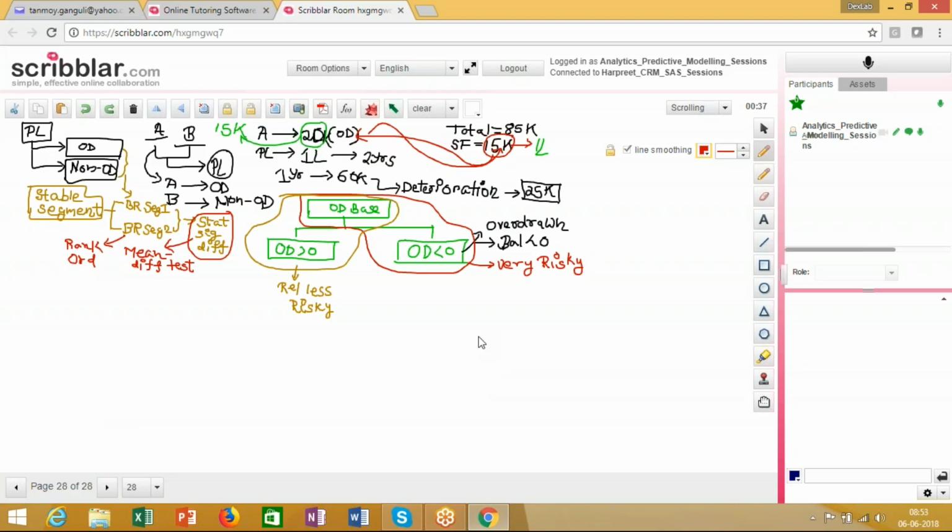So basically, if I do a plot like this, over here we have the bad rates.